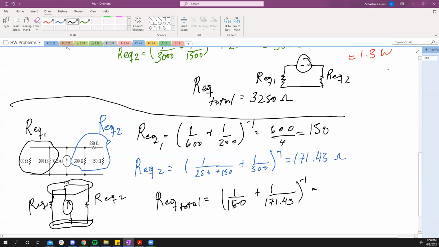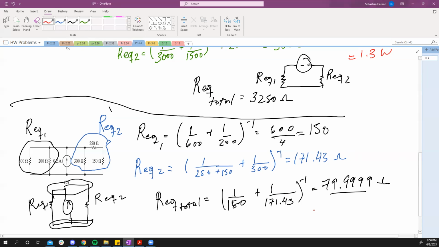I didn't really round it off with my calculator, but this R equivalent is approximating 80, or you can say it's 80.